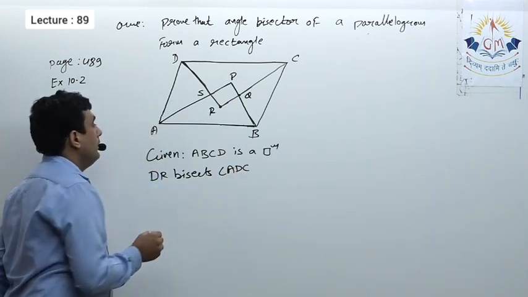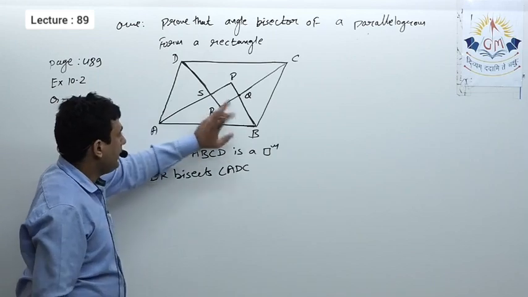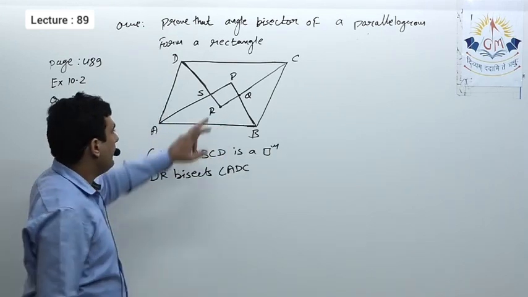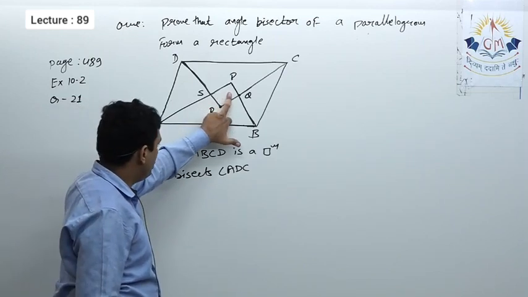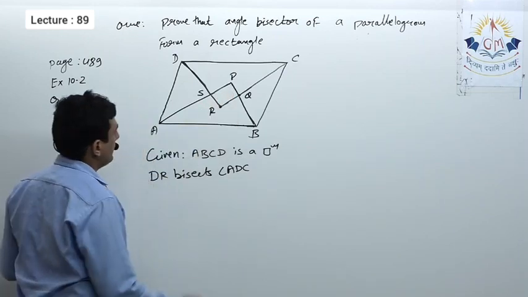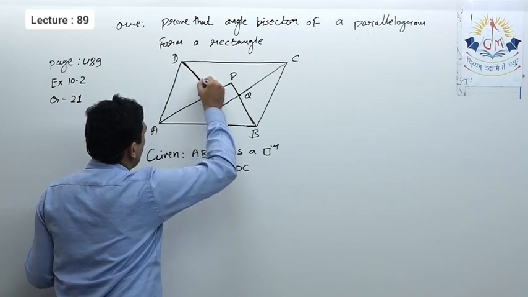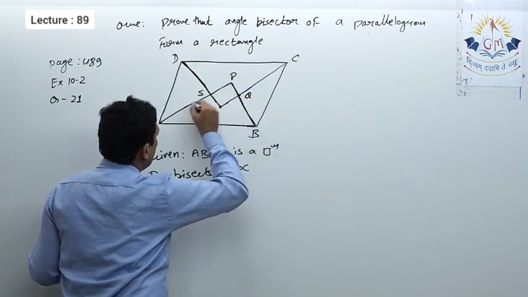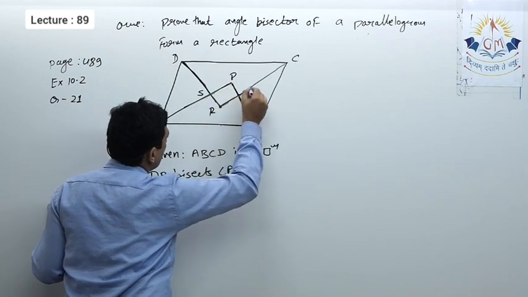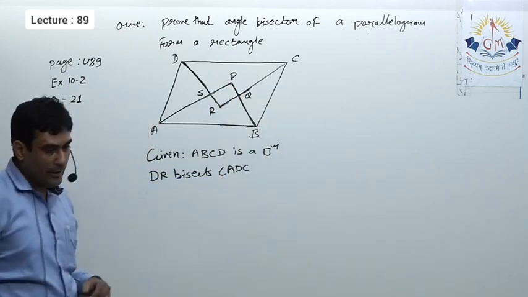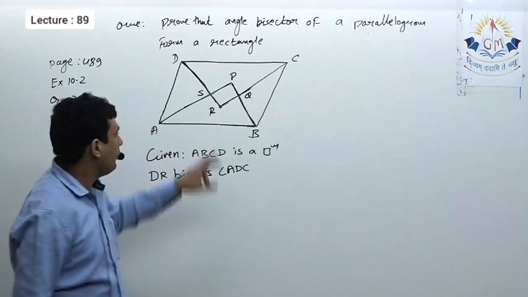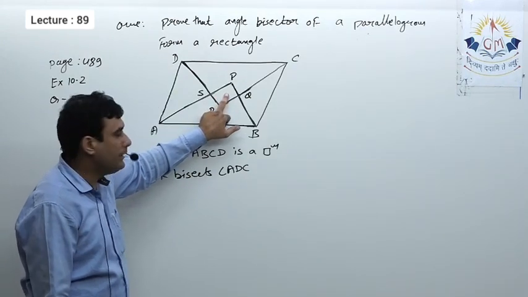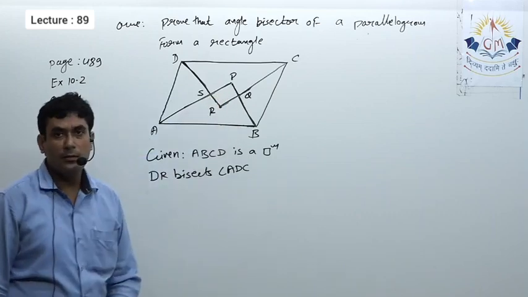To prove this is a rectangle, there is one way: first we prove this is a parallelogram, and then we prove one of its angles is 90 degrees. That means we have to prove this side is parallel to this side, as well as this side is parallel to this side. Or, if we prove all four angles of quadrilateral PQRS are 90 degrees, still we can say it is a rectangle.